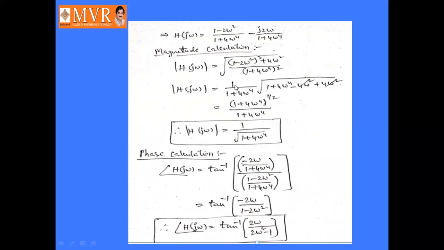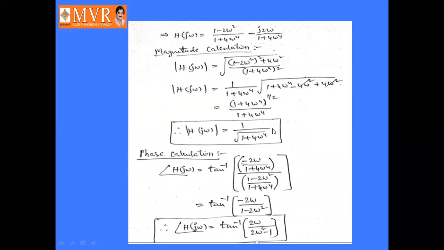So it will become 1 by 1 plus 4 omega power 4 into square root of 1 plus 4 omega power 4 minus 4 omega square plus 4 omega square. So these two will get cancelled. So it will become 1 plus 4 omega power 4 whole power 1 by 2 by 1 plus 4 omega power 4. So this magnitude mod H of j omega equal to 1 by square root of 1 plus 4 omega power 4.